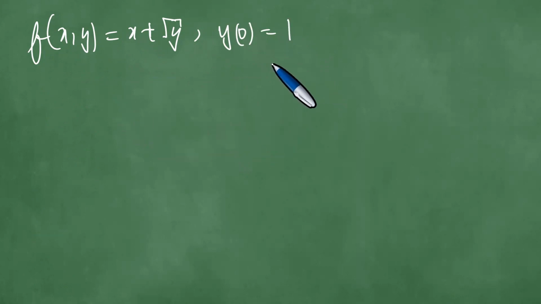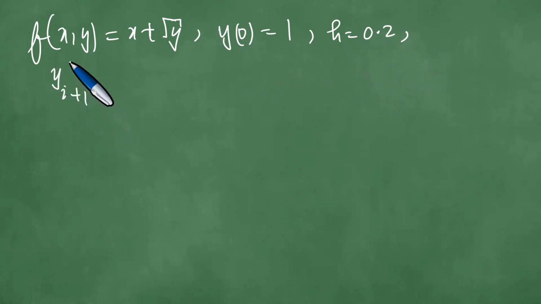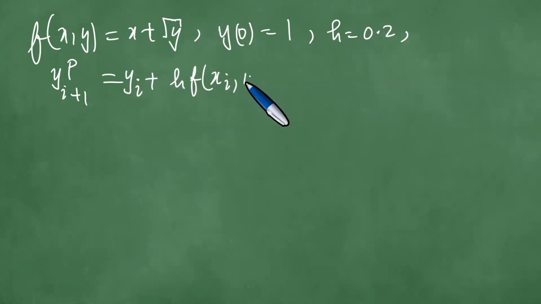And then we write, so that I do not forget, h, and then we write yi plus 1 predictor is yi plus h f(xi, yi).